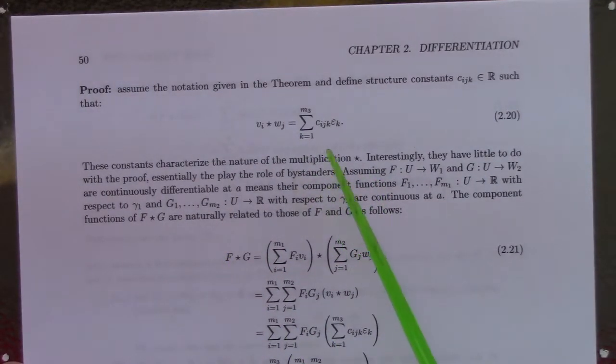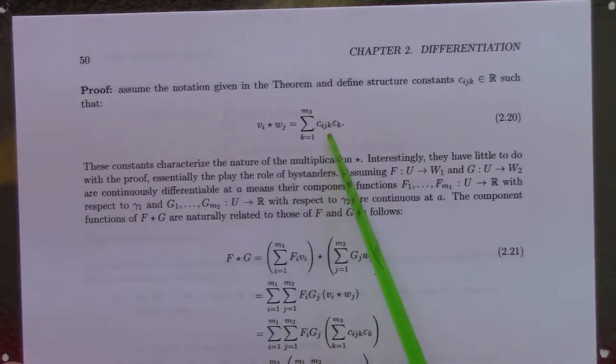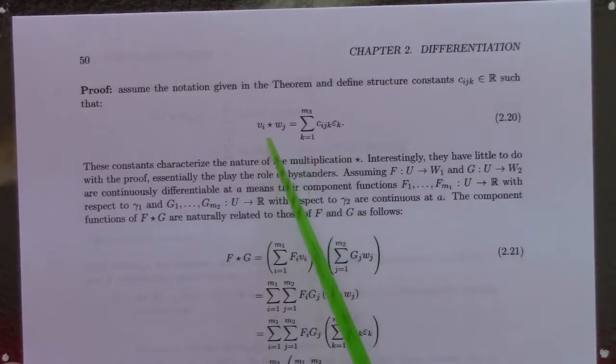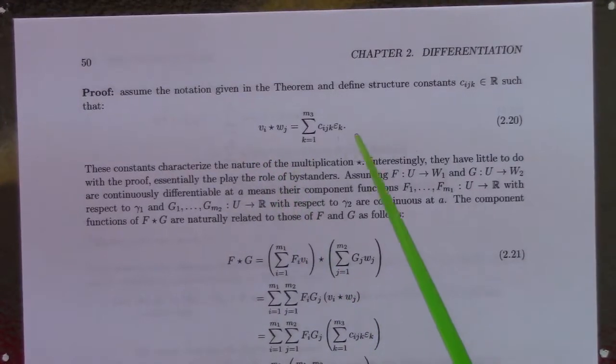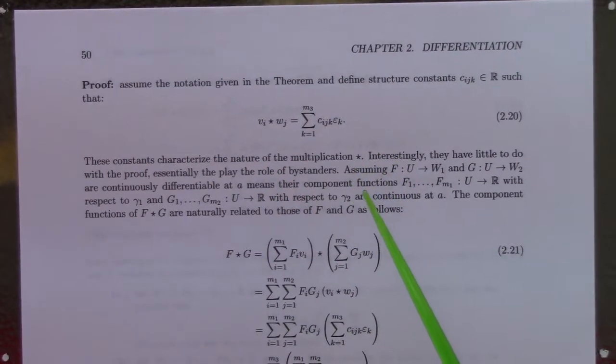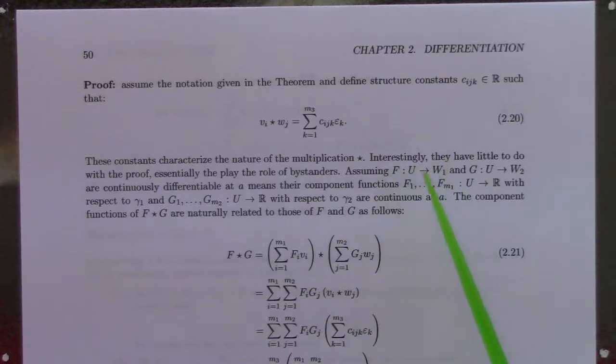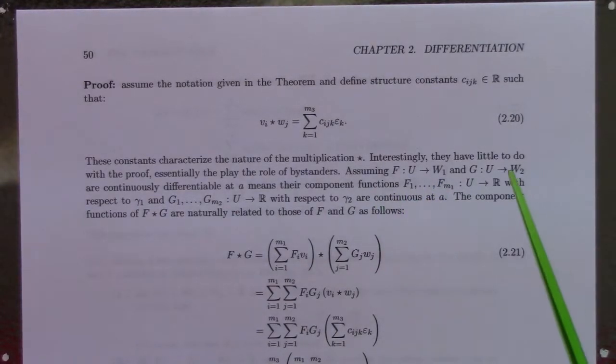And vice versa, if I gave you such constants and you extended this bilinearly, that would uniquely define such a star product. But that doesn't have much to do with what we're doing here. I'm just saying. Anyway, the structure constants are really just bystanders. They just keep track of where things go and allow us to do regular calculus. So I won't say much more about them here.